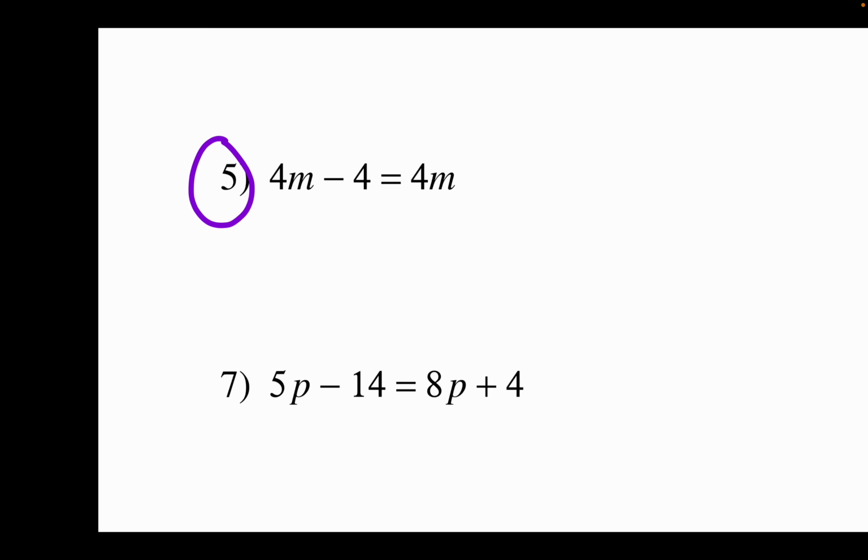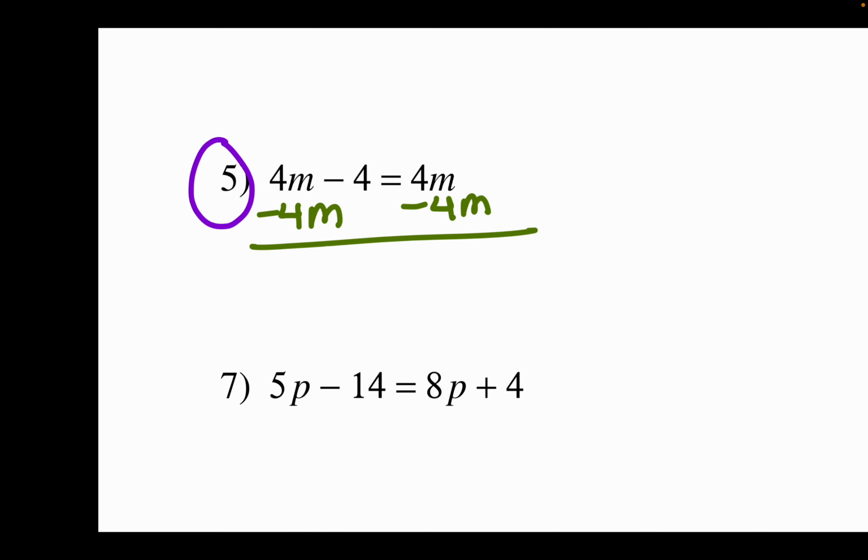So to get this 4m to the other side, we're going to be subtracting 4m from both sides of our equation. When we subtract that 4m, it goes to 0, so we're left with -4 equal to, now on this side, same thing happens. They cancel out, they go to 0, so we put a 0 here.